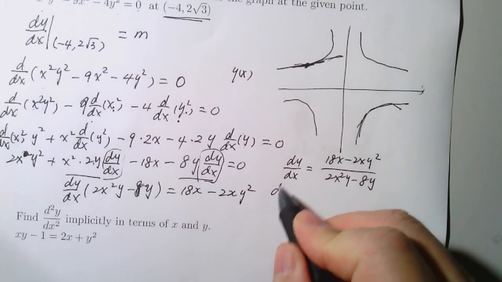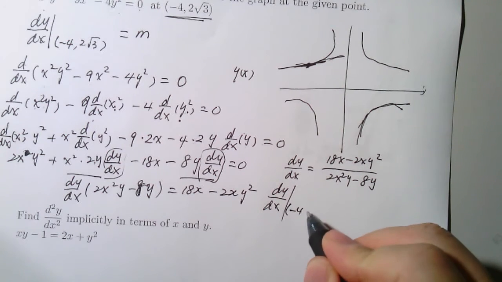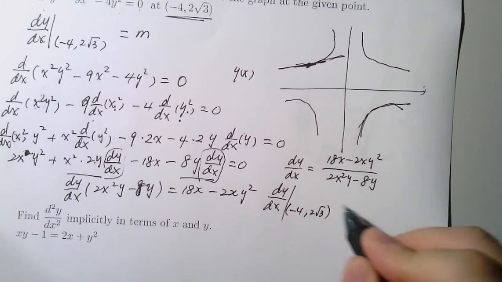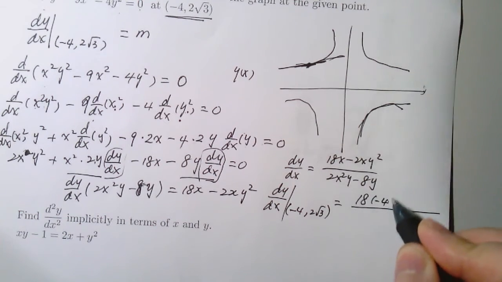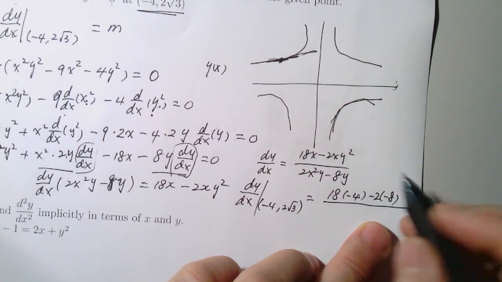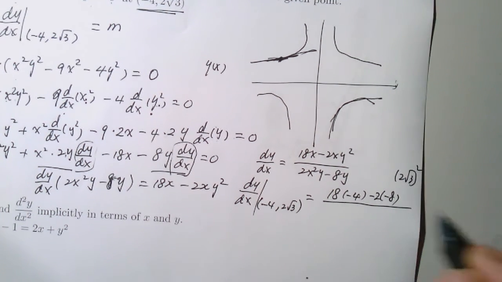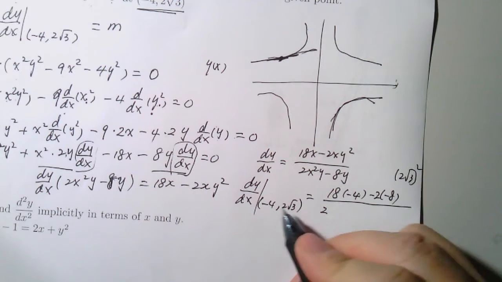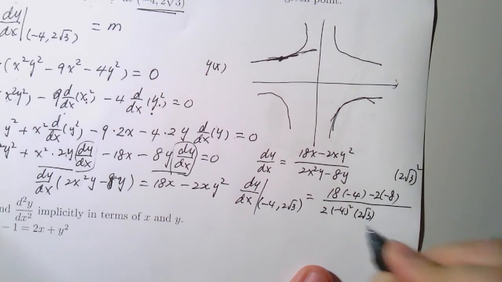So dy/dx at (negative 4, 2 square root of 3) equals 18 times x, which is negative 4, minus 2 times negative 4, y squared is (2 square root of 3) squared, over 2 times x squared, which is negative 4 squared, y is 2 square root of 3, minus 8 times 2 square root of 3.